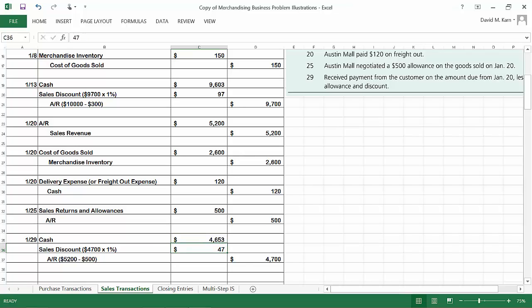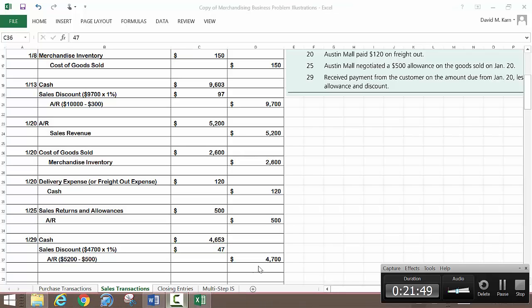We've seen how to account for purchase transactions and sales transactions in a perpetual setting. The next thing we'll take a quick look at is how to do closing entries in a perpetual setting. I'll pause the video here for a little bit and get to that then.